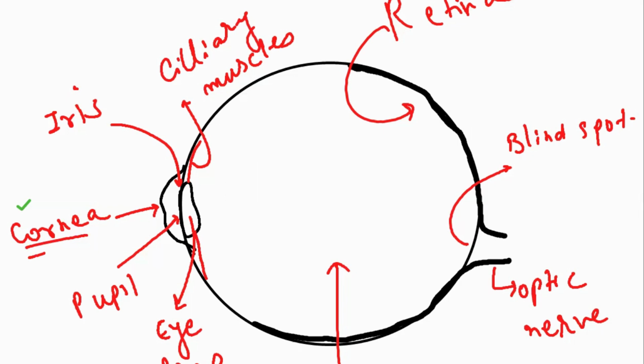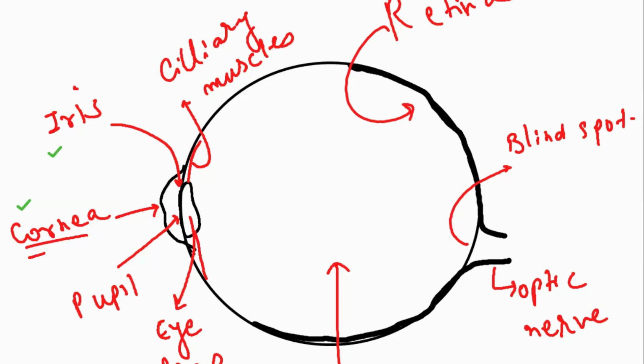Now, just behind the cornea, we have the iris. So the iris is behind the cornea, and it controls the size of the pupil. This is the pupil. When you wake up in the morning or in the middle of the night and turn on the light, your pupil starts shrinking because it cannot handle so much light.